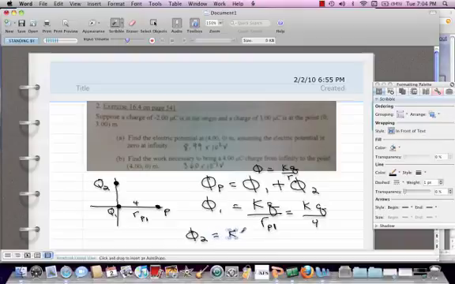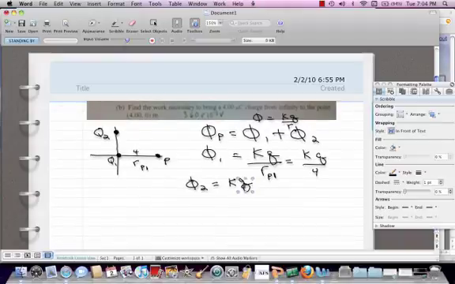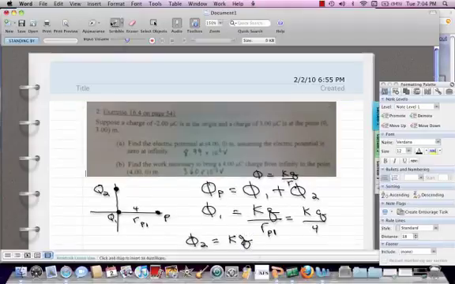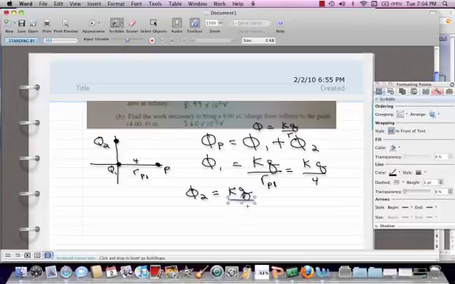I'm going to have KQ over RP2. So the first one's going to be KQ1, and we'll call this one KQ2.